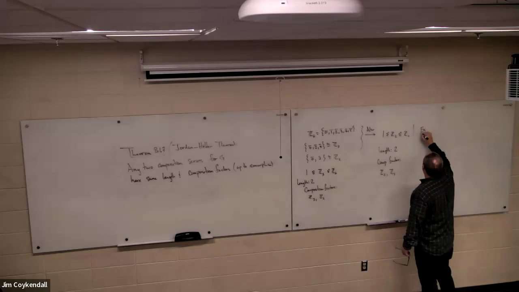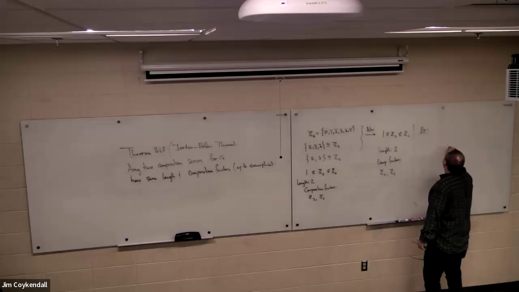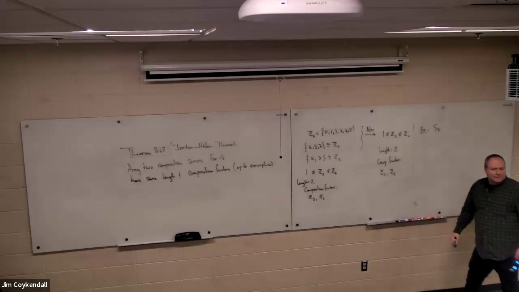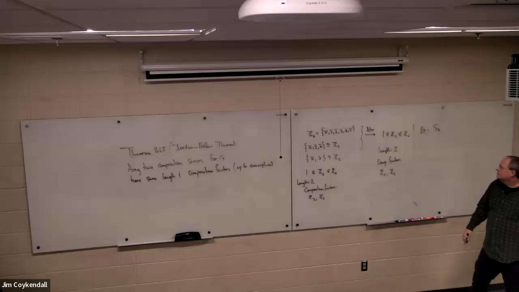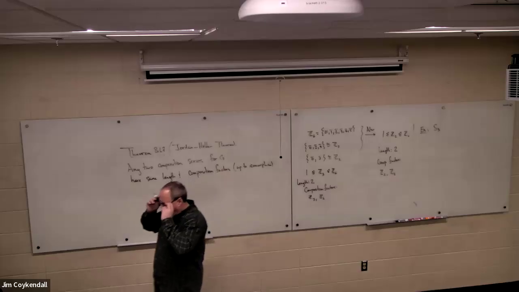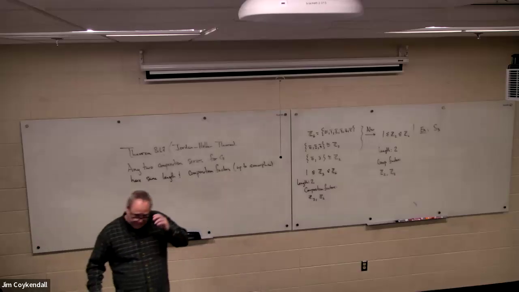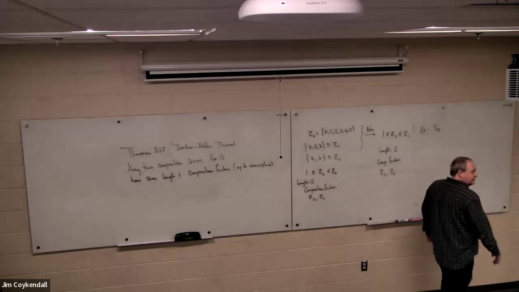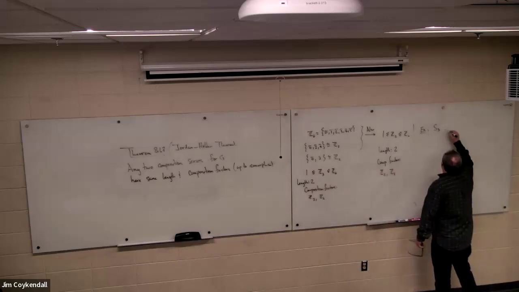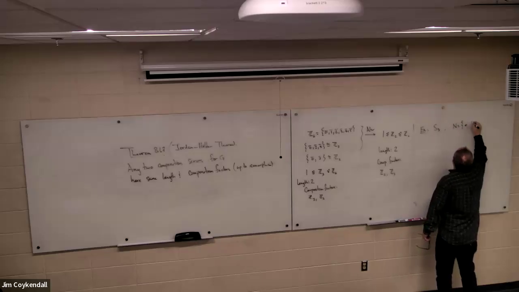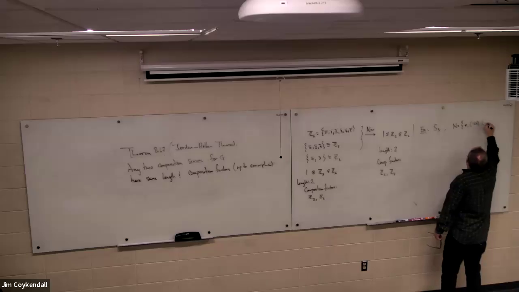Here's an example. How about S3? S3 is not simple. Can anybody tell me what the normal subgroup is, other than the identity and the whole thing? There's that normal subgroup of order 3.